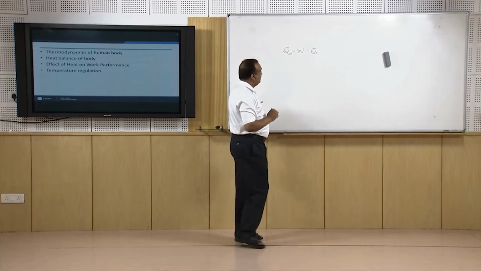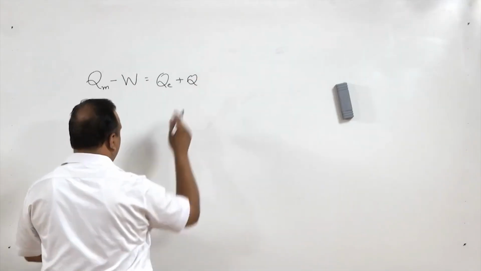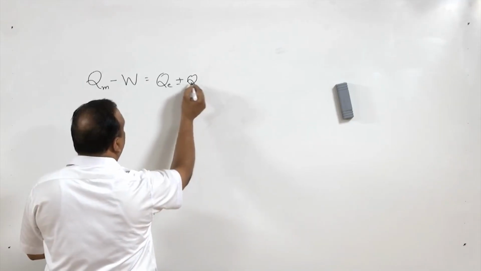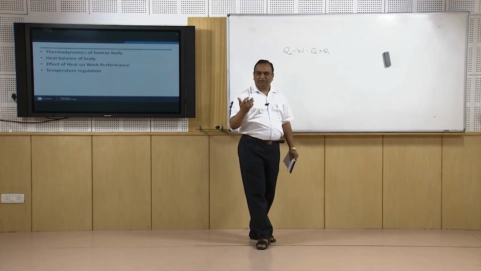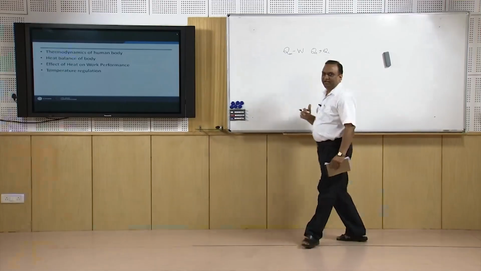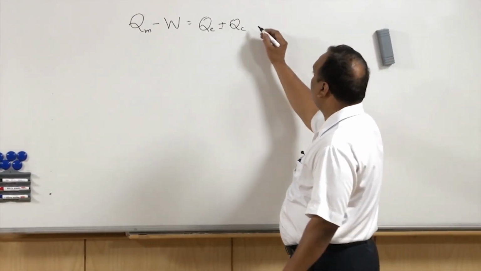Another is conduction from the body, and conduction of the body can be in both directions. If the outside temperature is high, heat will be conducted to the body, and if the outside temperature is low, heat will be dissipated from the body.